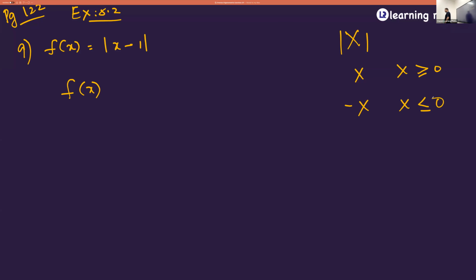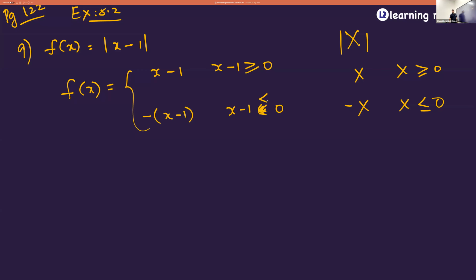Makes sense? If that is the case, then how should I write this function? I should write it as x minus 1 when x minus 1 is greater than or equal to 0, and negative of x minus 1 when x minus 1 is less than 0.